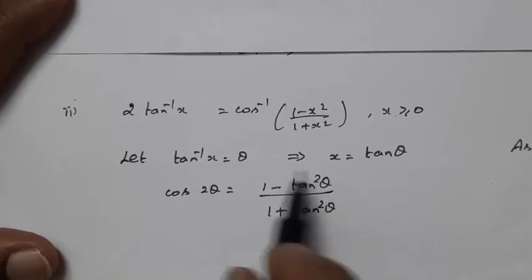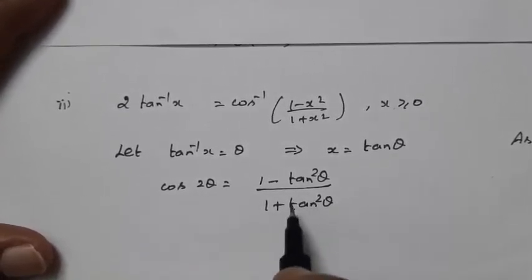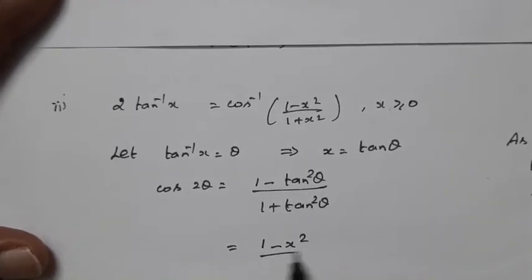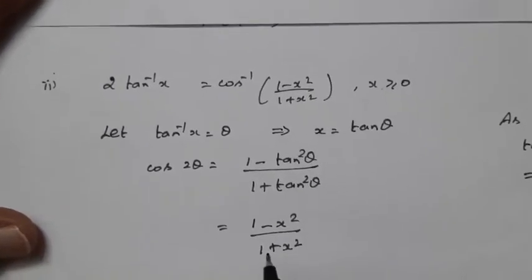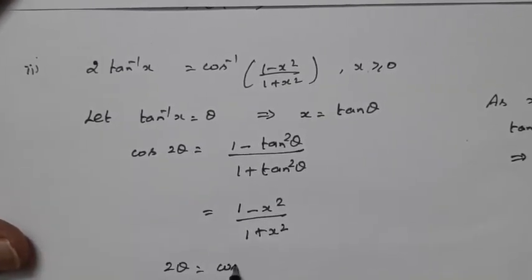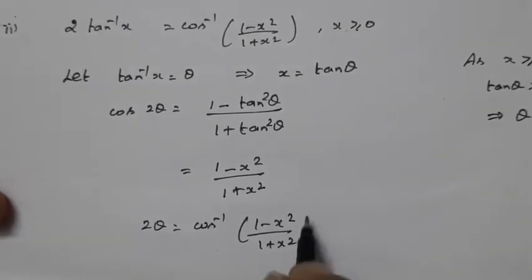So, this is a formula for multiple angle 2 theta. So, cos 2 theta is equal to, now replacing tan theta by x, we have 1 minus x squared divided by 1 plus x squared. And hence 2 theta is equal to cos inverse of 1 minus x squared by 1 plus x squared.